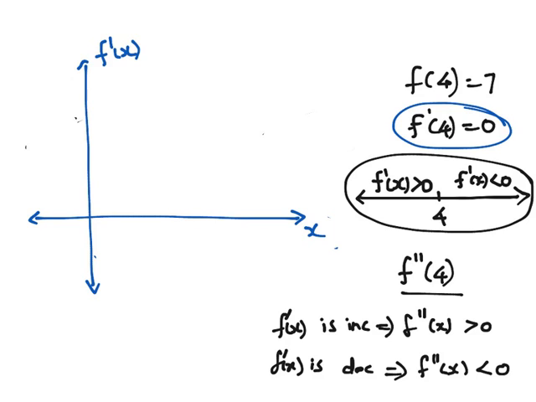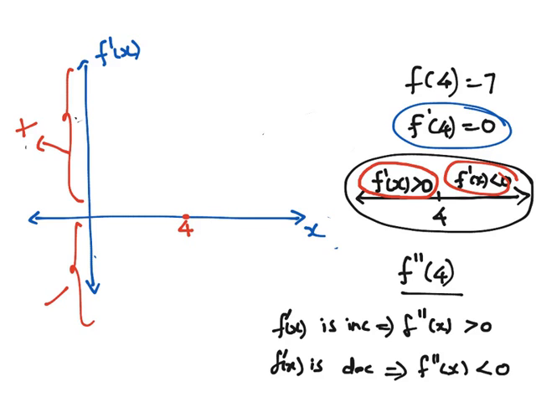Now, since f dash of 4 is 0, and this is 4, the graph of the derivative will intersect the x-axis at 4. You can see before 4, f dash of x is positive, and after 4, f dash of x is negative. So this is the positive side and this is the negative side for f dash of x.